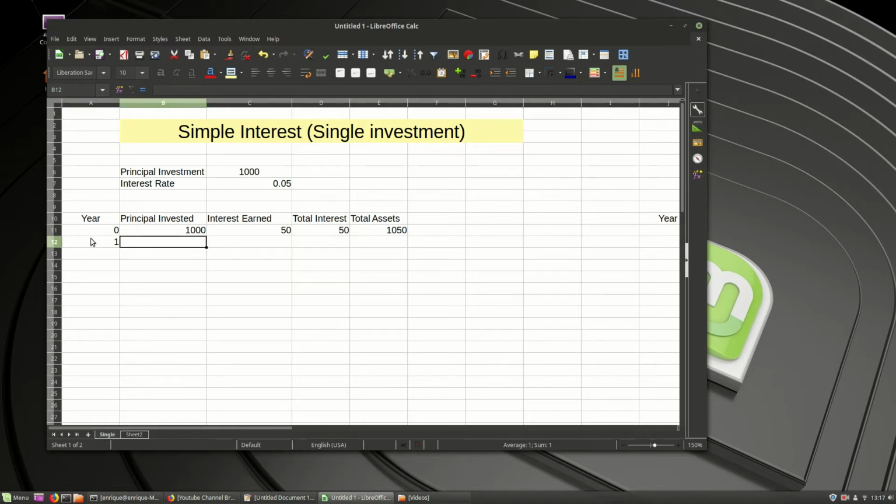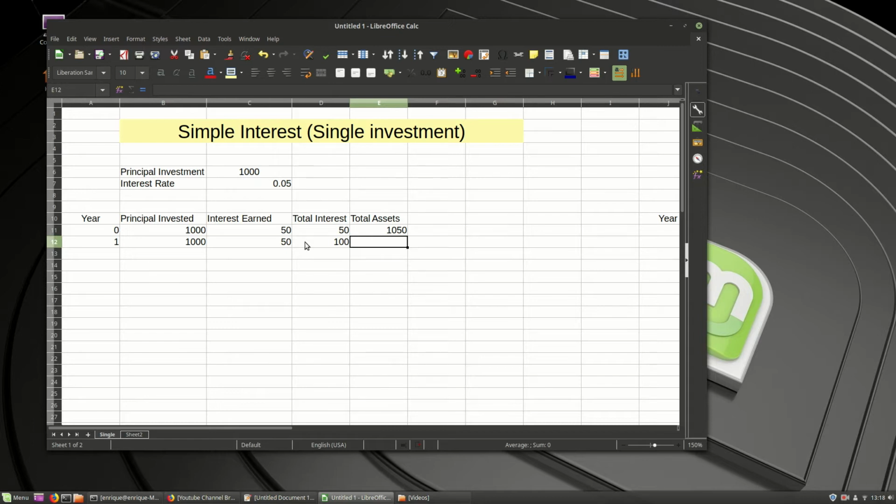So, year 1, we've still invested $1,000. We haven't ramped that up. But, once again, we still earn that $50. Here's the kicker, though. The total interest we've earned is what we earned last time, plus the $50 that we earned this time, which is $100.